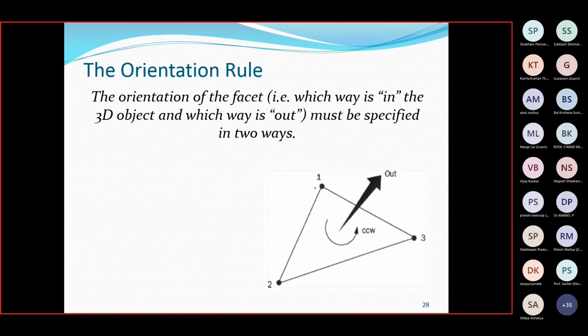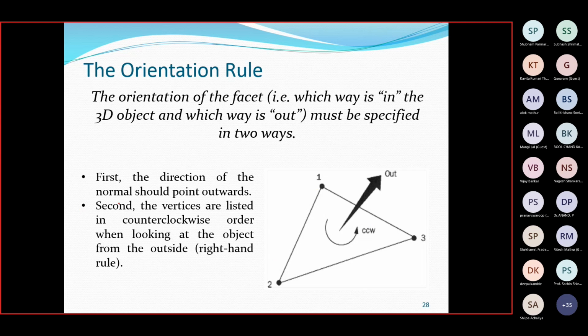Don't write this one as first vertex, this one as second vertex, and this one as third vertex. Always in counterclockwise format you have to write. So the direction of the normal should point outwards, and the vertices are listed in counterclockwise order. So remember that part. Okay, so that is the orientation rule.